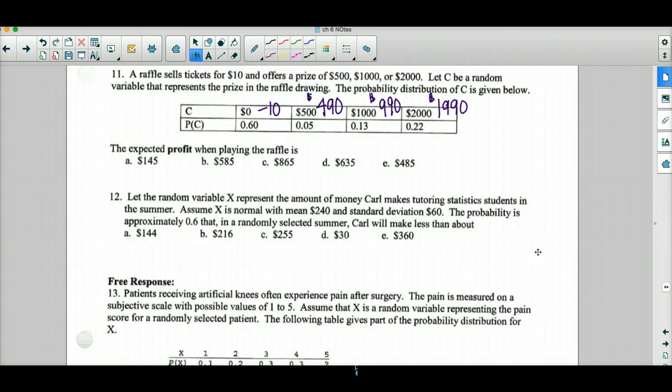You multiply negative 10 times 0.60 plus 490 times 0.05 plus 1,000 times 0.13 times 990, and so on.